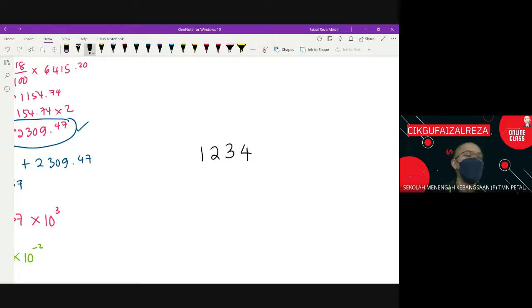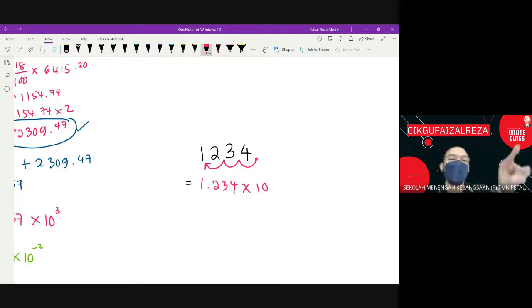If I want to put it in standard form, where is your decimal point? It's going to be behind here. 1, 2, 3. You move to the left, isn't it? It's going to be 1.234 times 10 to the power of 3.